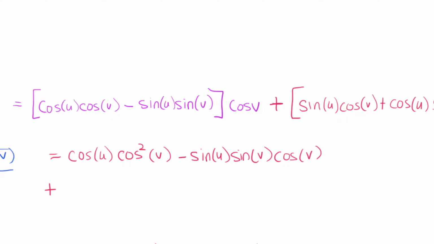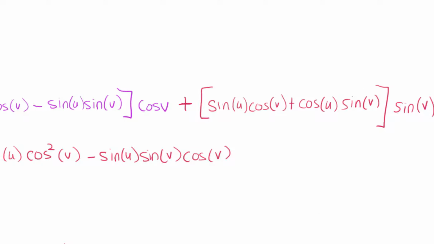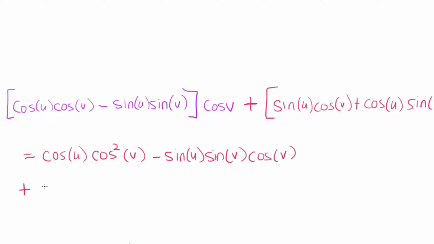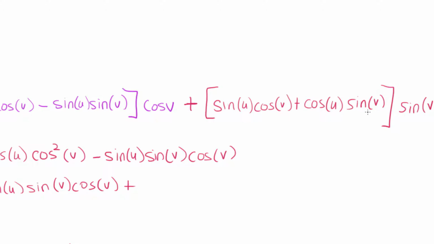Plus, if we distribute the sine of v, we get sine of u sine of v cosine of v, plus cosine of u sine squared of v.